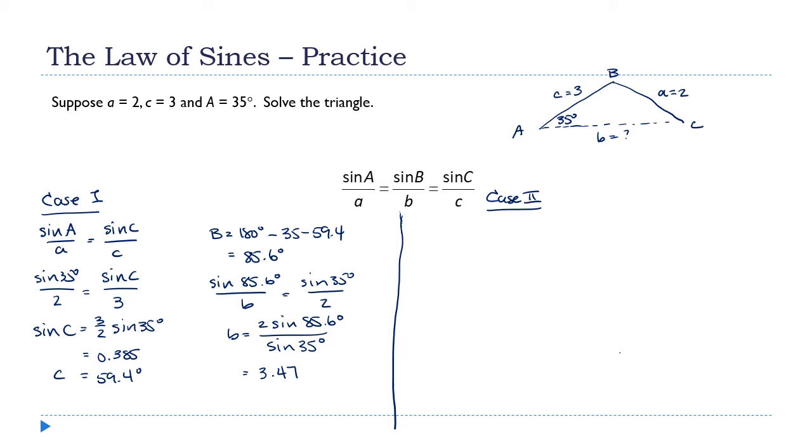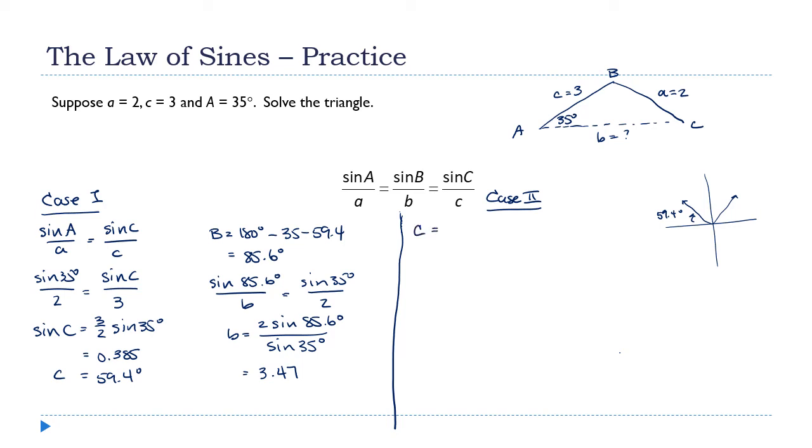Do a quick sketch here of my unit circle. 59.4 degrees is here, which means this angle with a reference angle of 59.4 degrees has the same sine, right? Well, what is that angle? 180 minus 59.4 is 120.6. So I have a third possibility.